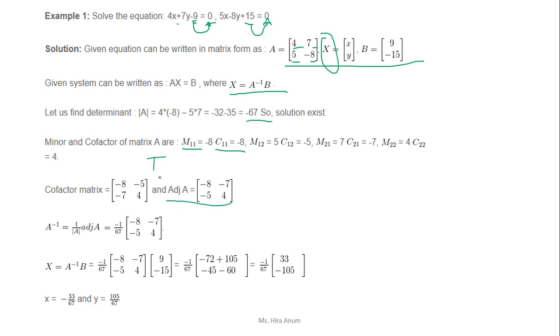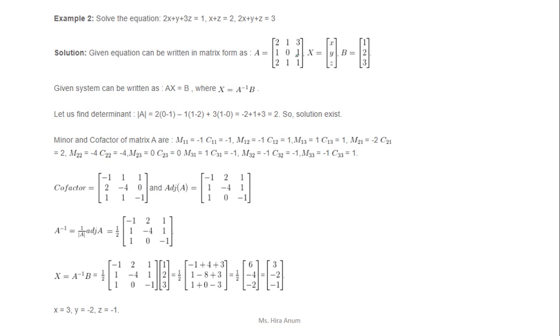This is the adjoint, and divided by the determinant value, it is the inverse. So the inverse is this, it will be multiplied with B, and we find the value of x and y. The first value is the x value and the second value is the y value.